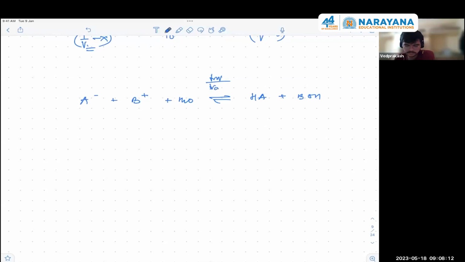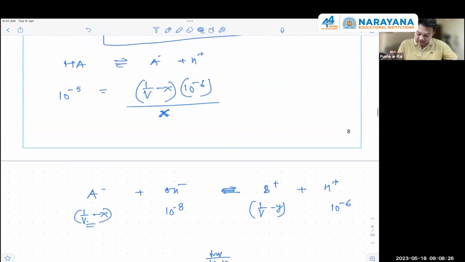Yes, sir. HA and BOH are X and Y. And this K equilibrium is 1, of course, because it is K into KB.